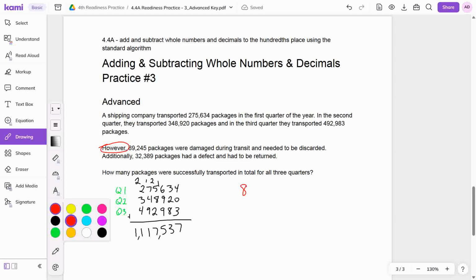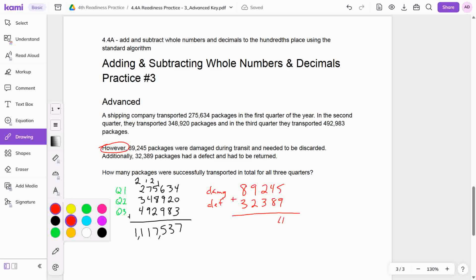So this is damage, and I'm going to abbreviate that with DAMG, 89,245, and I'm going to talk about my defects. I will just abbreviate that with DEF, 32,389.